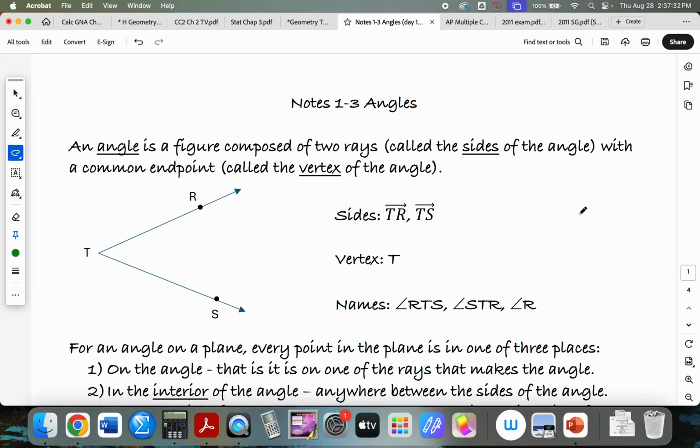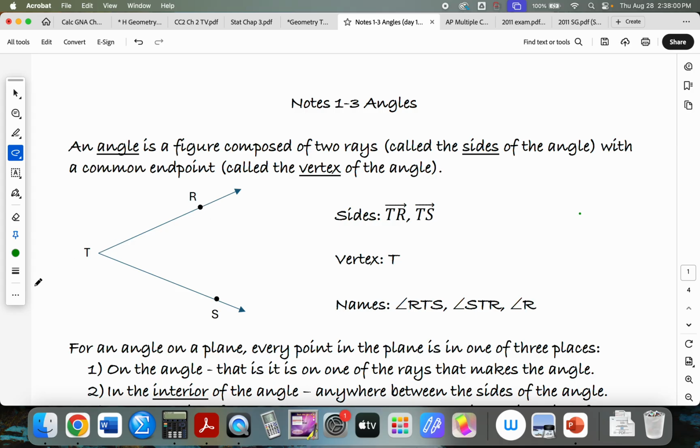So in this diagram, with this angle, ray TR and ray TS are the two sides of the angle. When you name those, you must name T first, like T for Terrence. There he is. All right, so it has to be the vertex first because it's starting from here and it's going this way.